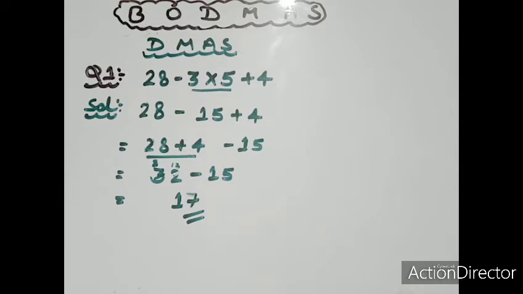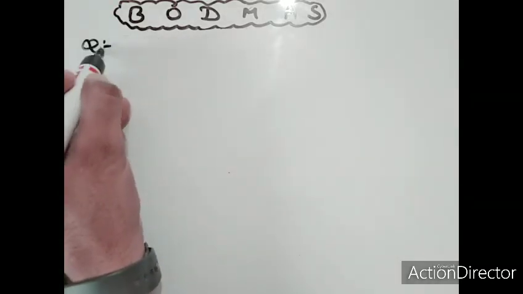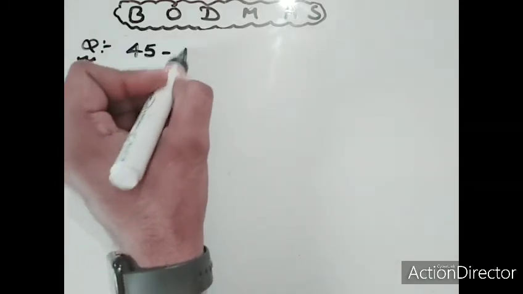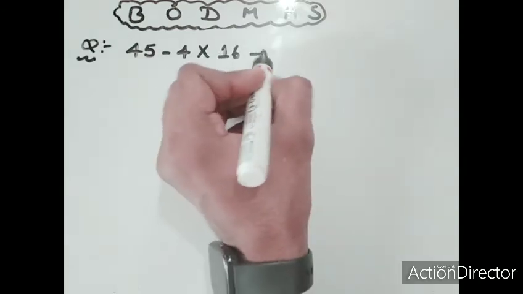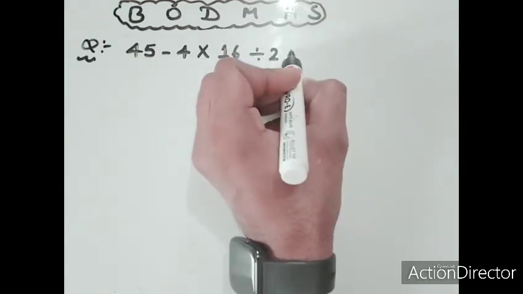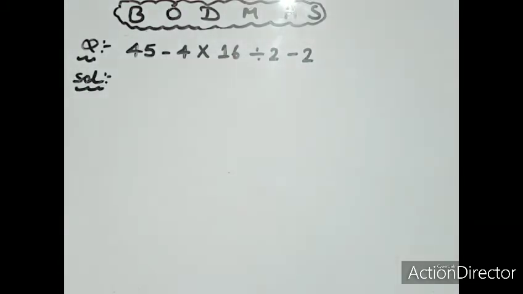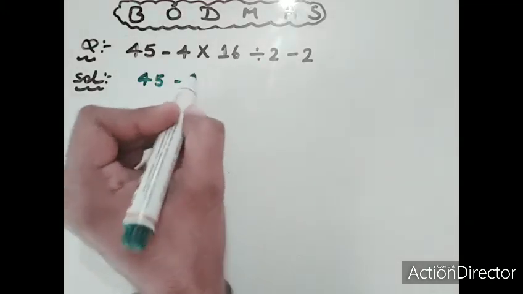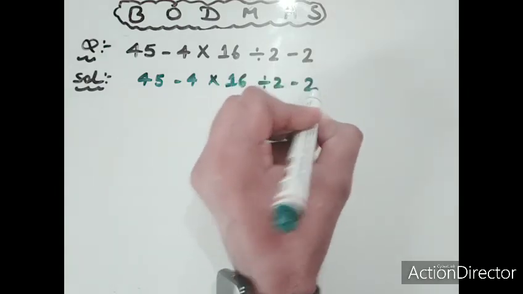Now students, here we solve another question. Now the second question: 45 minus 4 multiply 16 divide by 2 minus 2. So now we write this question, 45 minus 4 multiply by 16 divide by 2 minus 2.